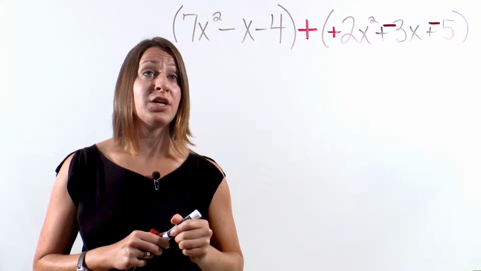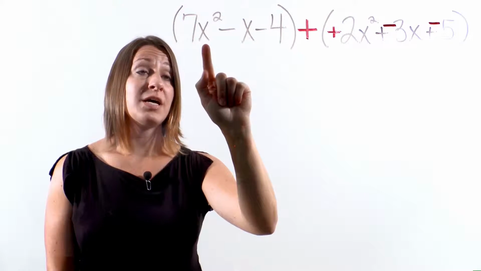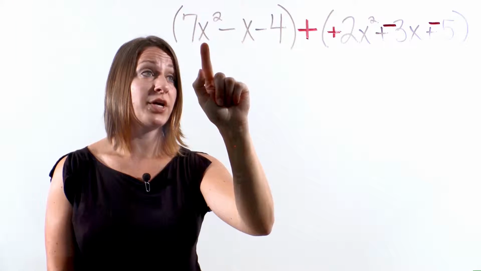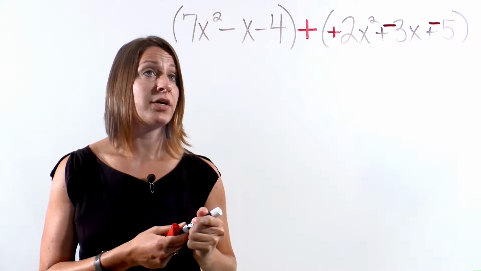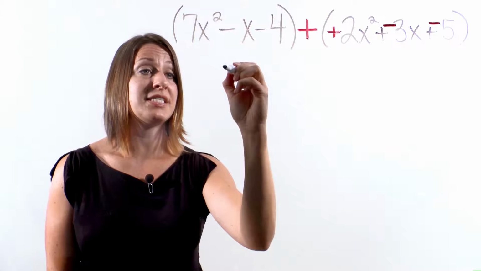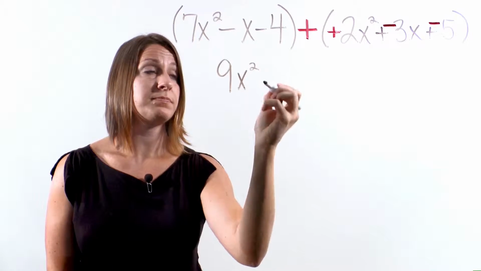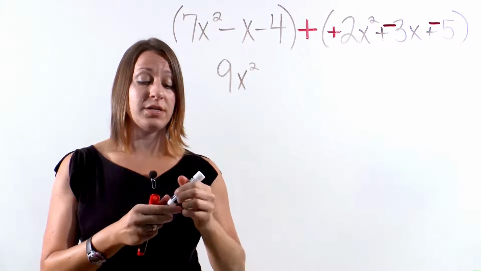We need to add the coefficients to each other, the ones that belong with the same variable and the same exponent. So we have 7x squared plus positive 2x squared, which gives us positive 9x squared. Next, we have a negative 1.